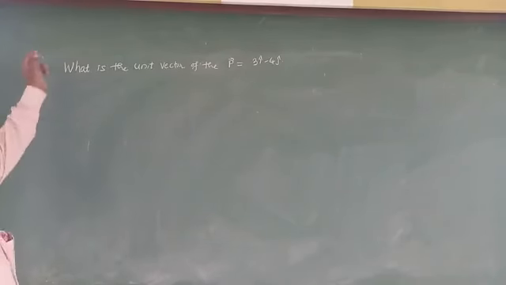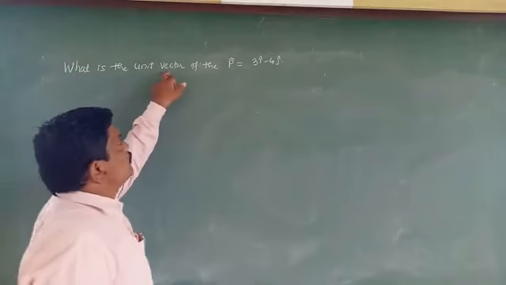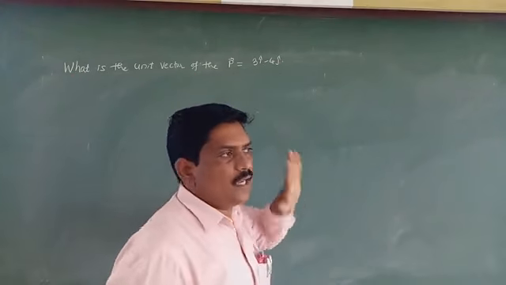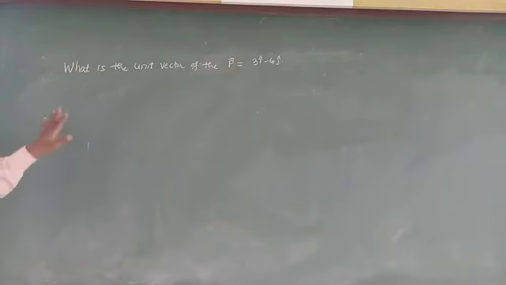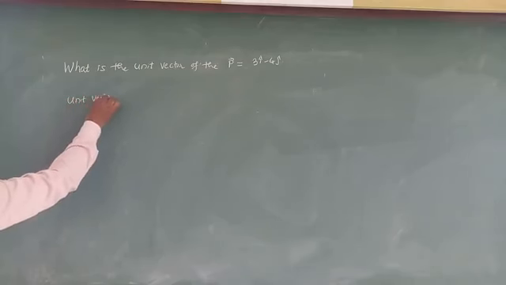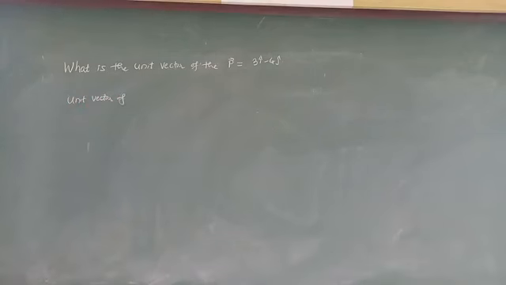The question is, what is the unit vector of the vector P equal to 3 i cap minus 4 j cap? Unit vector means the magnitude of the vector is 1 or unity. The unit vector of any vector is that vector divided by its magnitude.